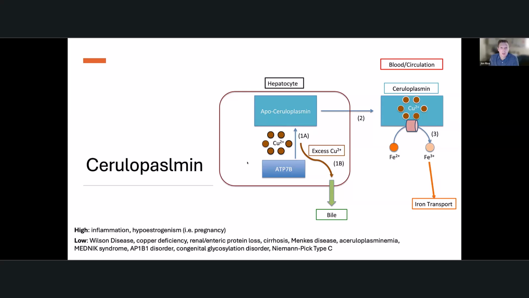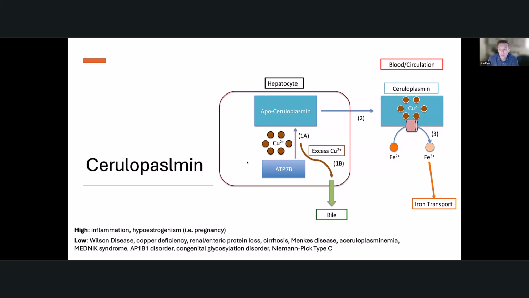So what is ceruloplasmin? Obviously, this is a very important protein in Wilson's disease and in the pathology associated with it. In the hepatocyte, copper is loaded onto a protein known as apoceruloplasmin. This is done again by the ATP7B enzyme, and this transforms apoceruloplasmin into ceruloplasmin, also known as holoceruloplasmin.